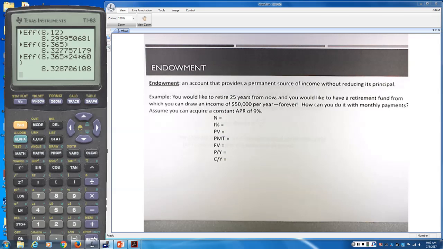Someone contributed a large lump sum and said, I want this money to be used as an endowment to fund a scholarship for students majoring in business or fine arts or some other criteria.